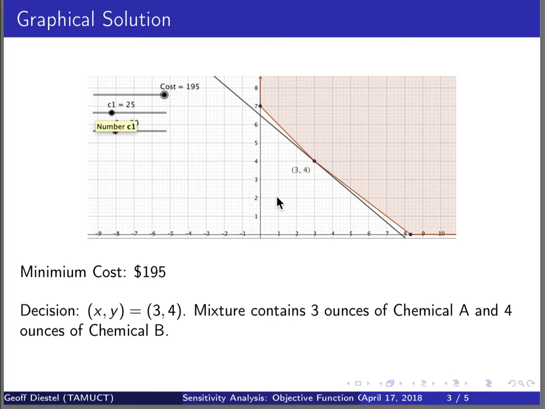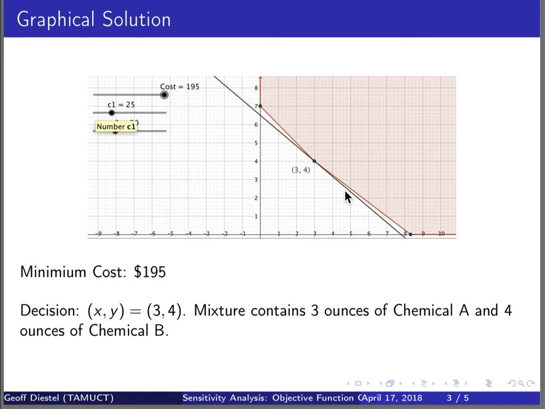Now what we can see in this example is that the edges of the feasible region, which contact our decision point (3, 4), are both very similar in slope, and they're both almost parallel to our objective function line.